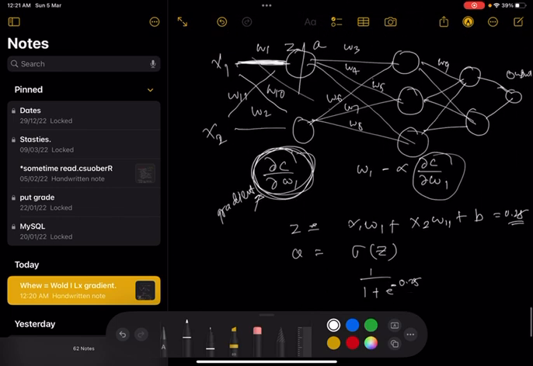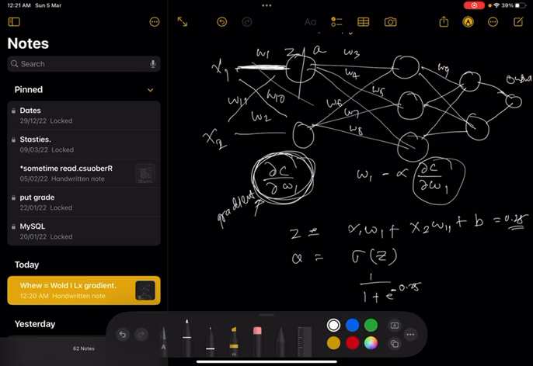The method is that we have to use the chain rule. a depends on z, and then this a depends on this. Let's say this is z1 a1, z2 a2, here z3 a3, and here z4 a4. So how will we do that?